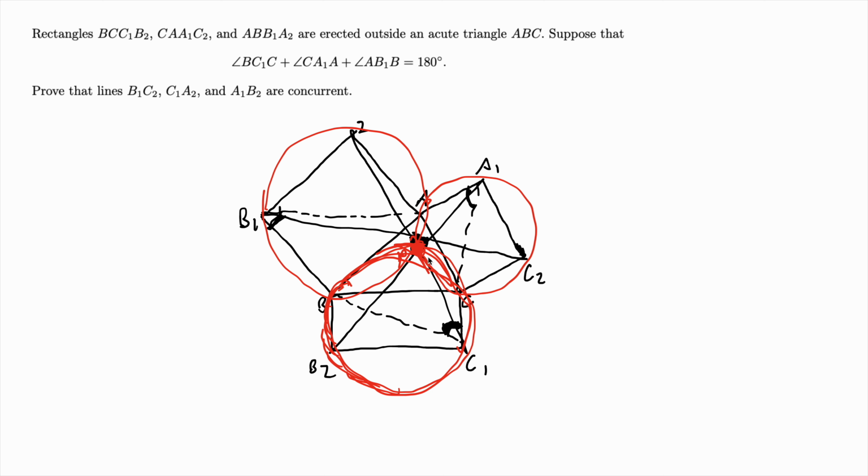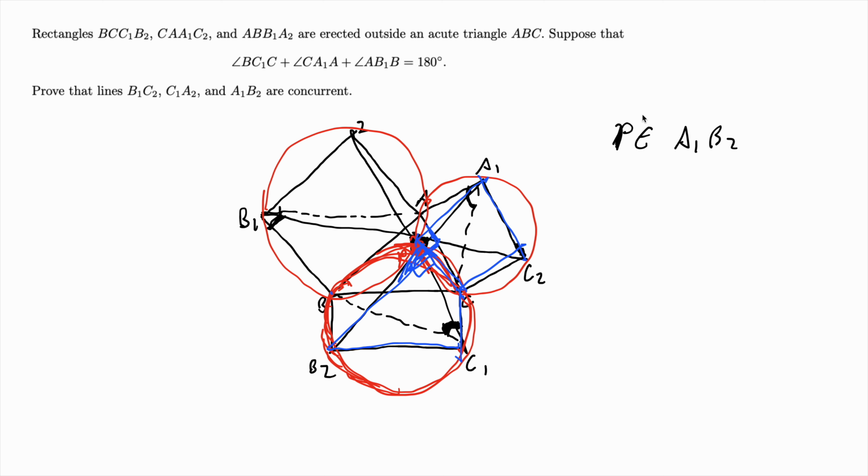Now notice that by looking at this quadrilateral, we know that this angle is a right angle. And similarly, by looking at this quadrilateral, this is also a right angle. In other words, P is on A sub 1, B sub 2.